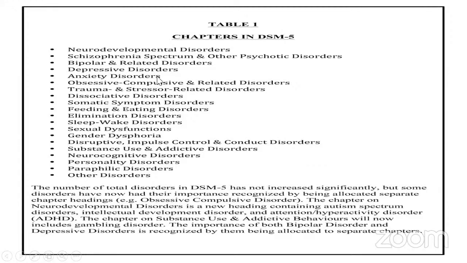Now, what they have done in the latest version is they have removed obsessive compulsive disorder and given it its own separate criteria, because they have found that OCD is a spectrum in itself. OCD is huge, vast. So they have removed OCD from under anxiety, and given it its own exclusive chapter. Then you have trauma and stressor related disorders.